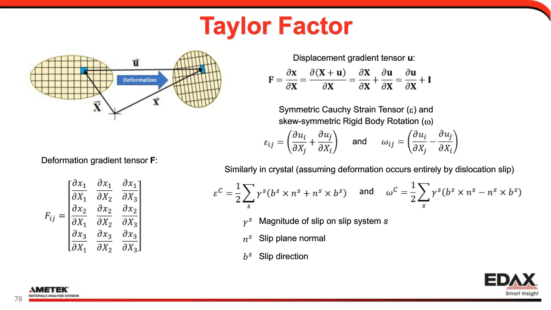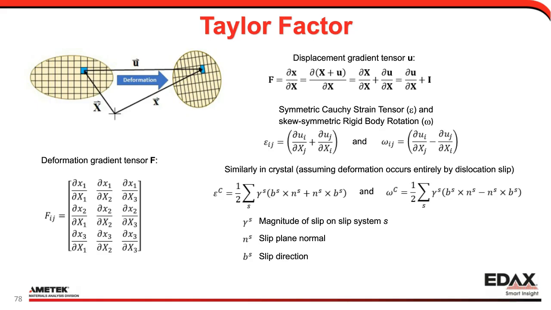From that, we can calculate a displacement gradient tensor and break that into symmetric and anti-symmetric parts, like I talked about in the introduction. So you have the elastic part, the Cauchy strain, and the rigid body rotation. And similarly in the crystal, you have a magnitude of slip on a slip system where you know the slip plane normal and the slip direction.